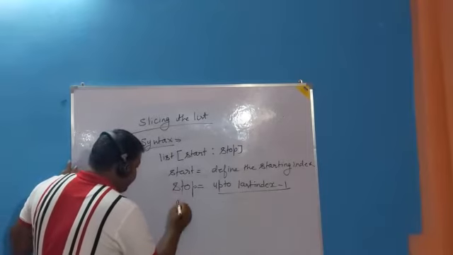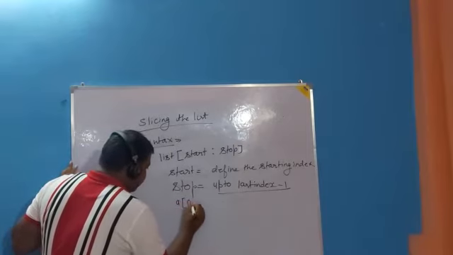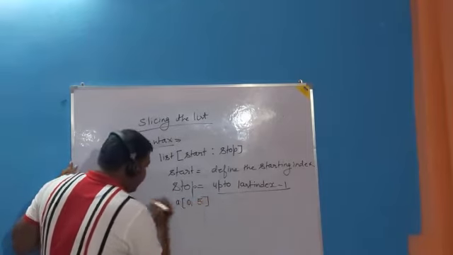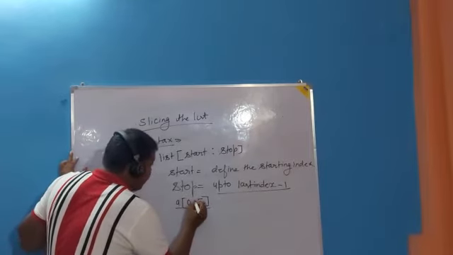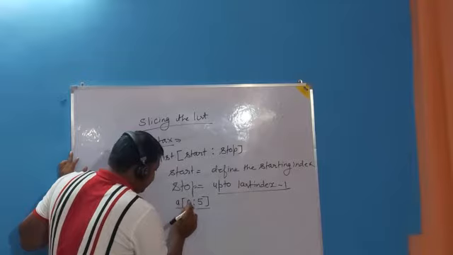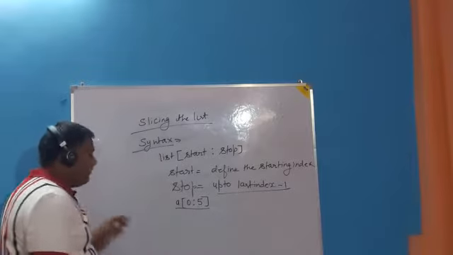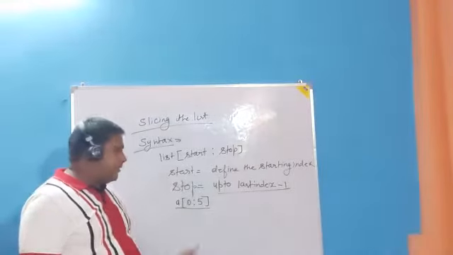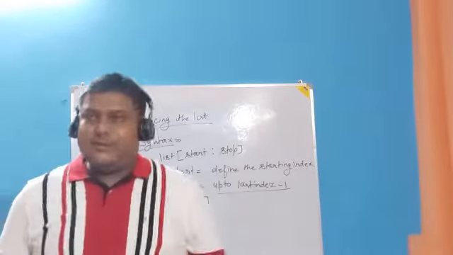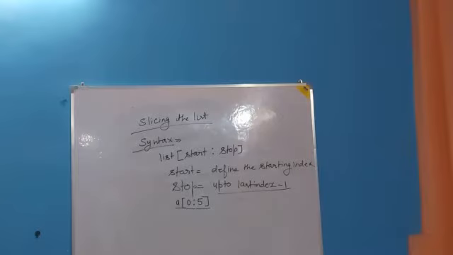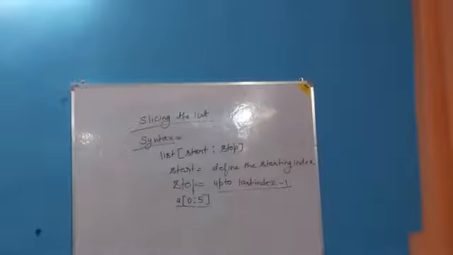If we write a is equal to 0 to 5, sorry, we have to use a colon, not a comma.